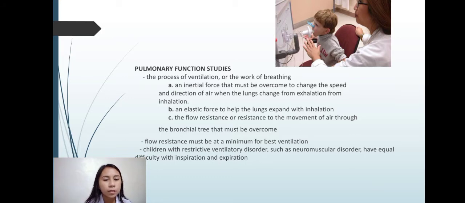Flow resistance must be at a minimum for the best ventilation. Children with restrictive ventilatory disorder, such as a neuromuscular disorder, have equal difficulty with inspiration and expiration.